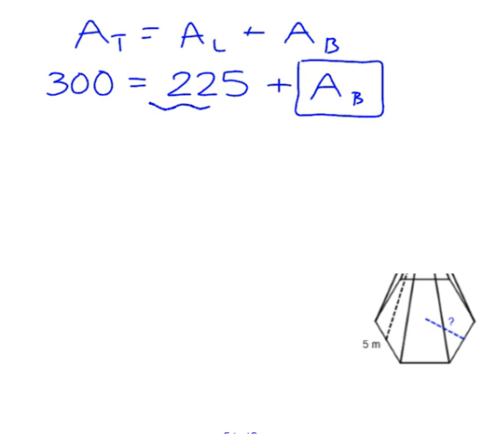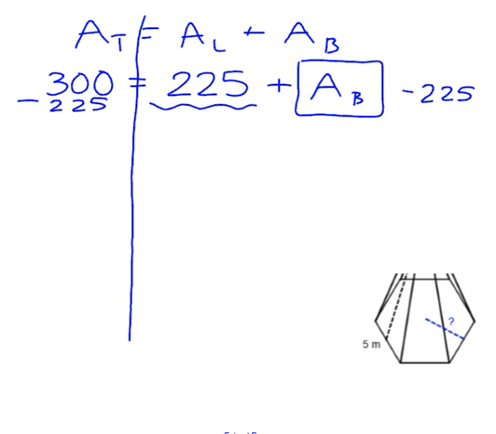Well, I want to get rid of that 225. So I can minus 225 on this side, and I'm going to minus 225 on this side. And remember, whatever you do on one side of the line, you have to do on the other side. So here on my right side, I have area of the base, and that has to be equal to 75.